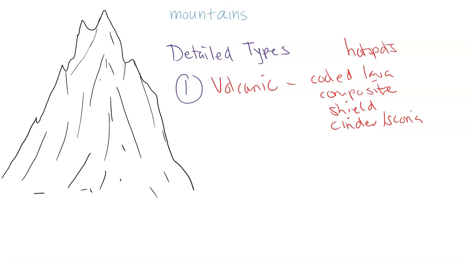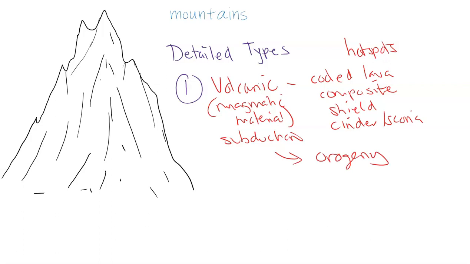You have this magmatic material, either from hotspots or from subduction, creating orogeny, which is a process of building mountains.